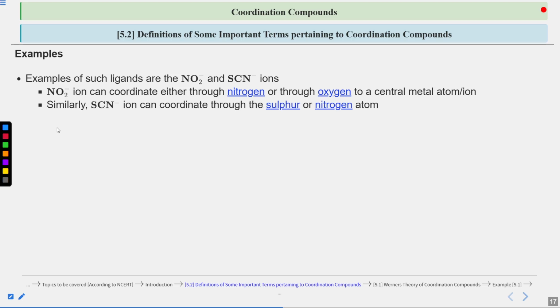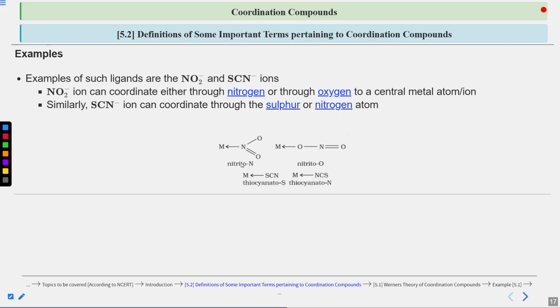Similarly, in the case of the SCN negative ion, through the sulfur or through the nitrogen atom, a bond can form between the central atom or ion and this ligand. So a single ligand has 2 different atoms that can bond with the central metal or ion.